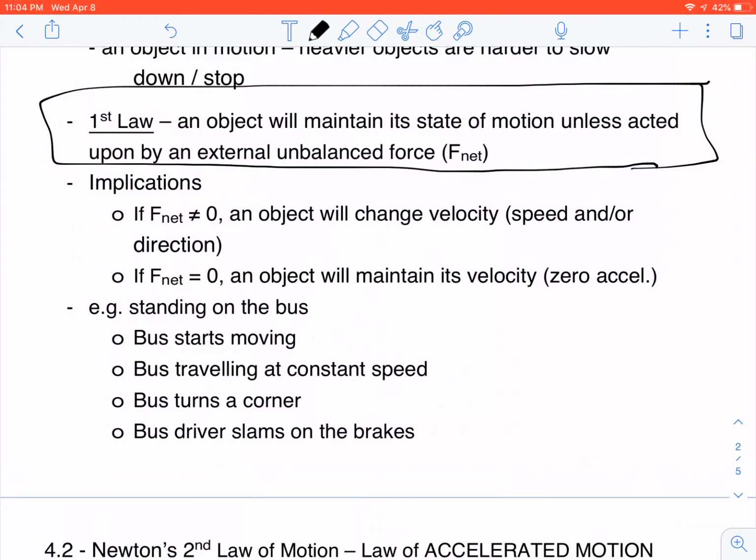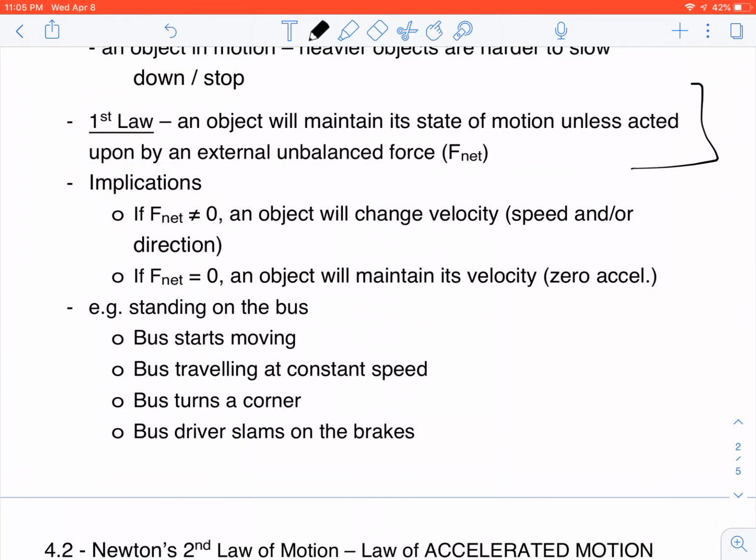If the sum of the forces is zero, then there are no unbalanced forces. The forces are balanced, and the object will not respond, it will not accelerate. So long as the forces cancel out, the object will not accelerate. As soon as there is an unbalanced force, the object will accelerate.